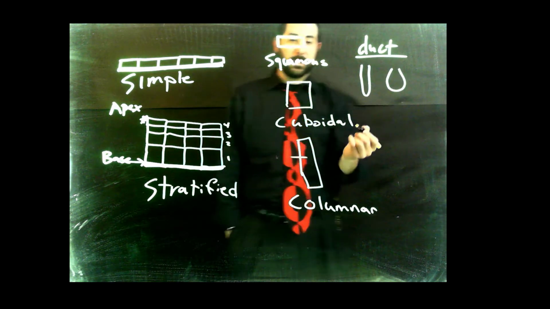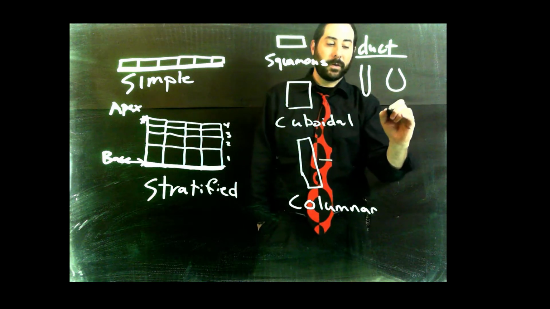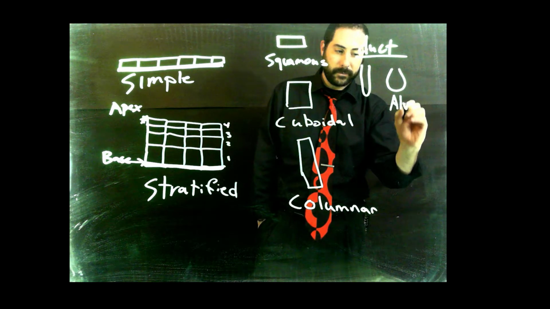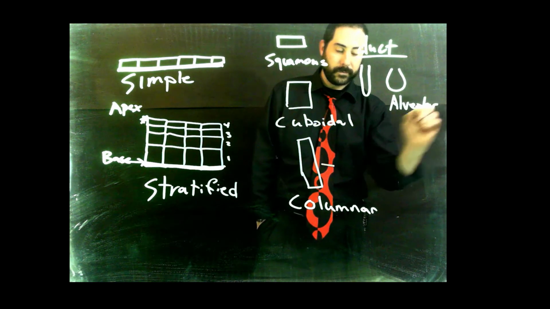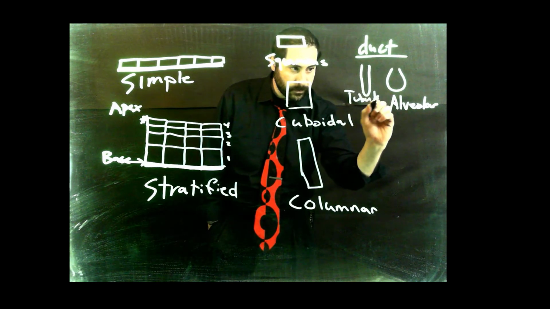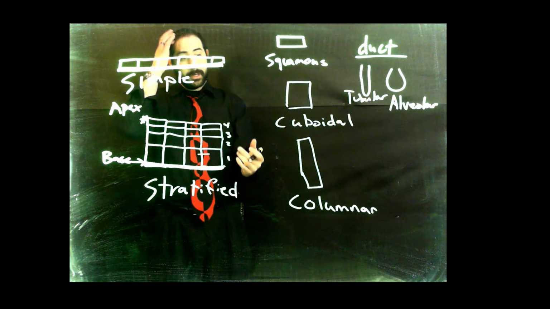If it's tubular, then it's simply going to be called tubular. And if it's rounded, then we'll call it alveolar. Hopefully you can read that. So we have our tubular and our alveolar.